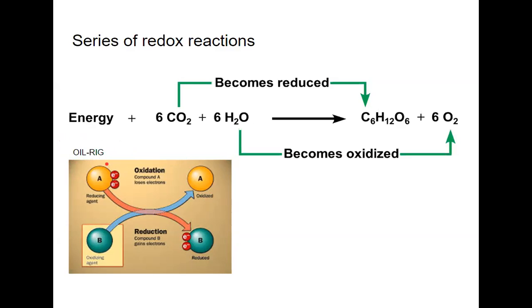And this whole process of photosynthesis is really just pairing redox reactions. So if we look at the overall equation, we haven't talked about the carbon dioxide part yet. We will. It's going to become reduced and water has become oxidized. So even on the grander scale of things, we have a redox reaction happening.